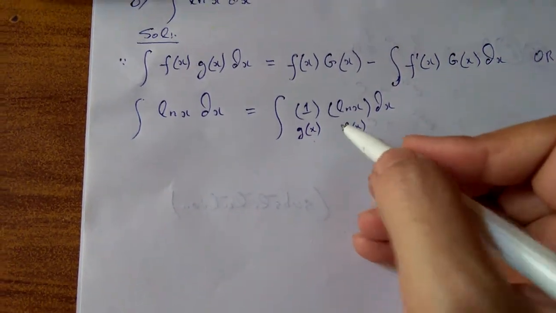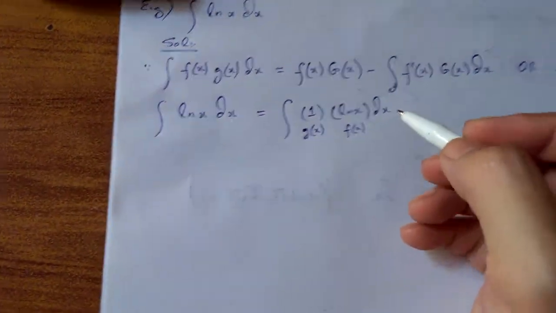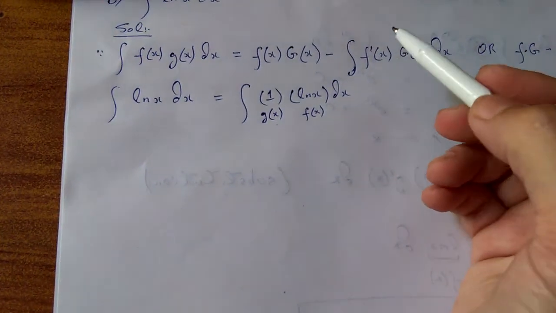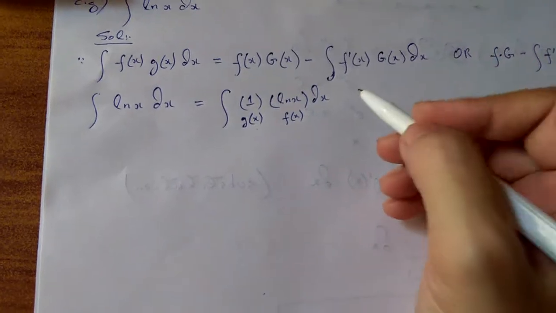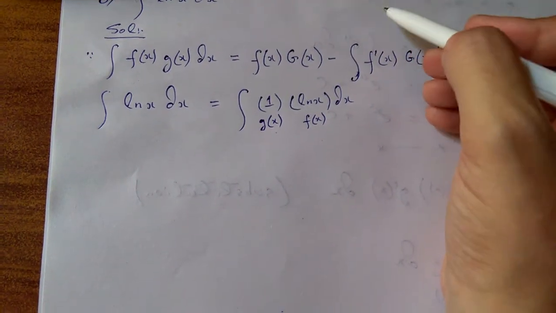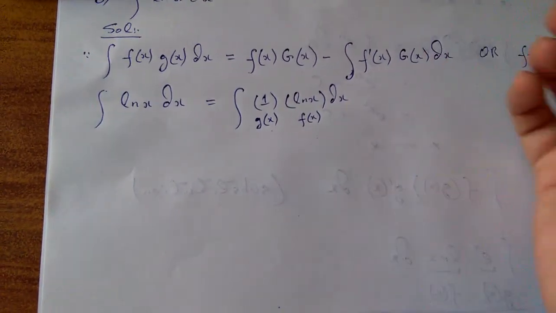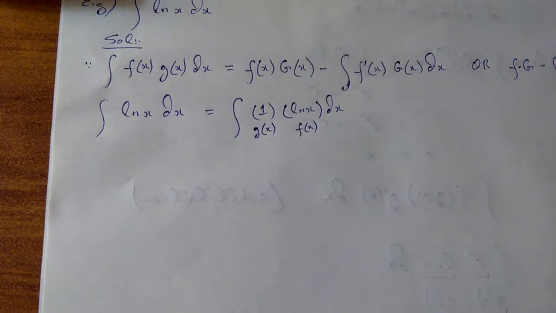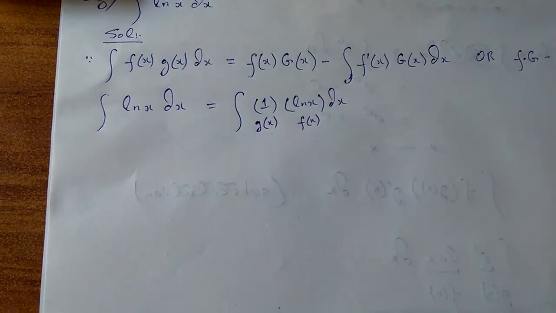Okay, and remember that in some cases you have an integrand as the product of two functions in such a way that the derivative and integral of both functions exist. In that case, it is your choice. You can take any function as your f of x and any function as the g of x of your integrand.